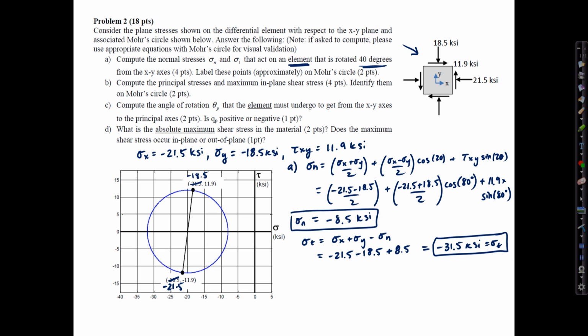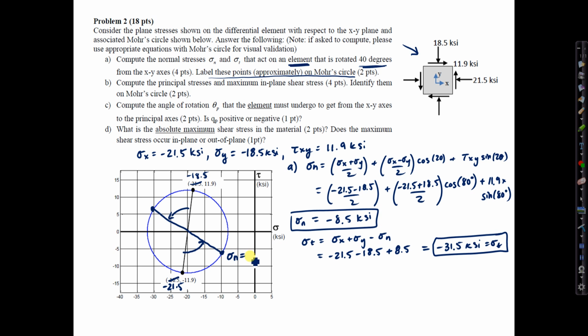The next part, I locate these points approximately on Mohr's circle. This is kind of a check for your calculation to make sure the value is right. So what I'm going to do is go positive 80 degrees in 2 theta on Mohr's circle from my original points and find those points, and that's where I think sigma n should be.